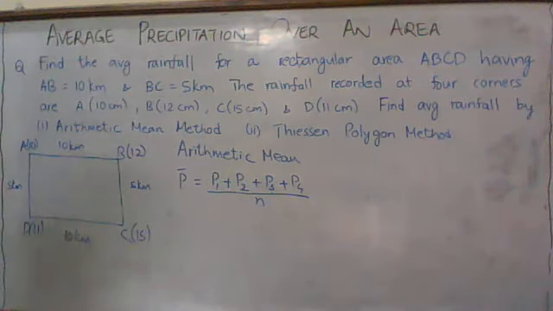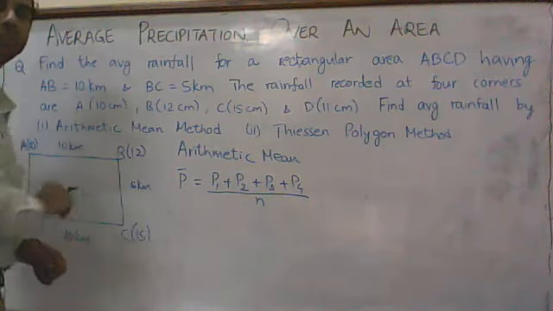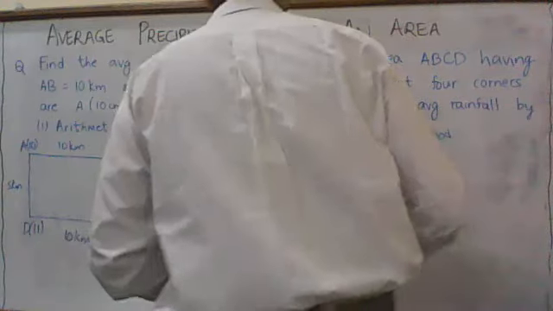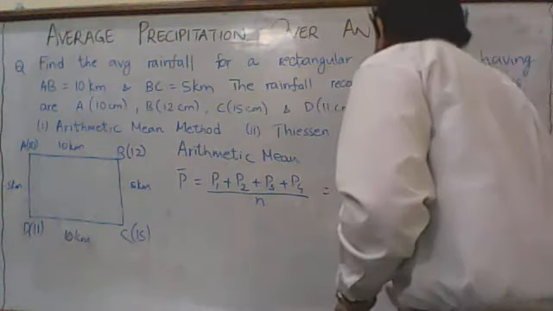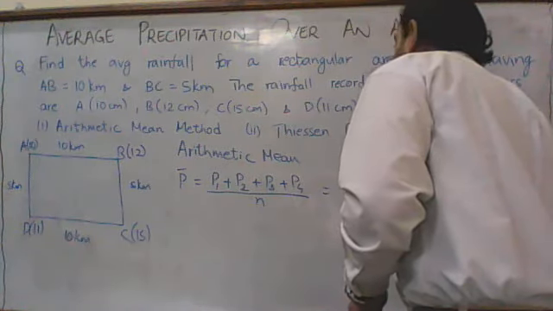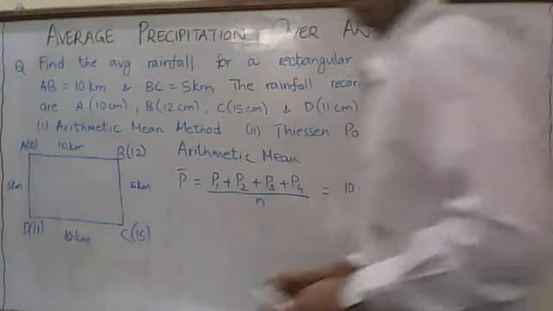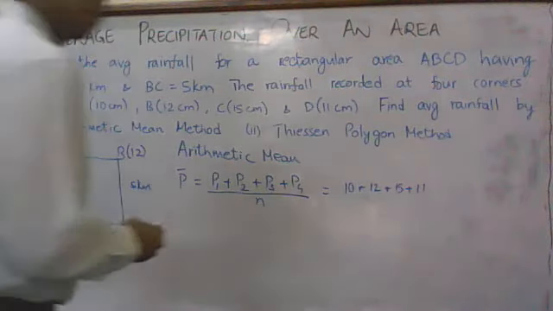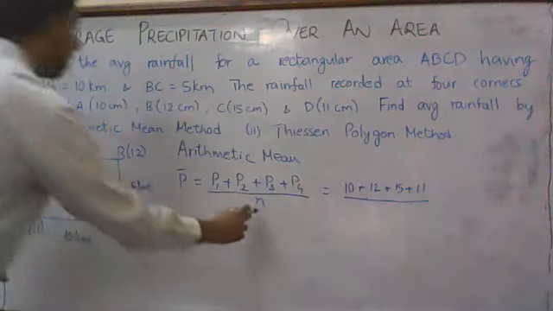Now here P1, P2, P3, P4 are the values of precipitation. These are mentioned here. Okay. So we can directly substitute the values as P1 is 10, P2 is 12, 15, 11. So this value divided by N. What is N?